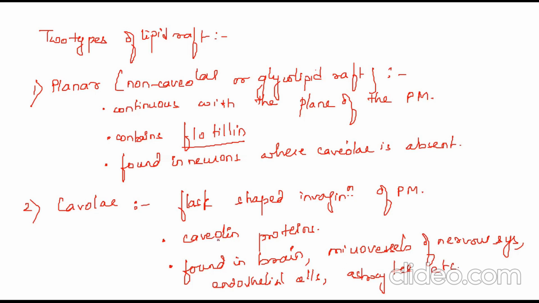Now one important point: both flotillin and caveolin have the ability to recruit signaling molecules into the lipid raft. So both play an important role in signal transduction. Lastly, what is the function of lipid raft? These lipid rafts are involved in a variety of cellular functions.